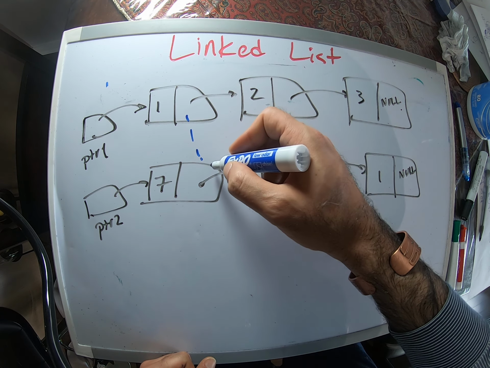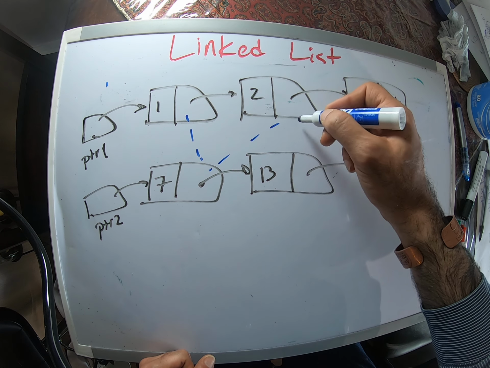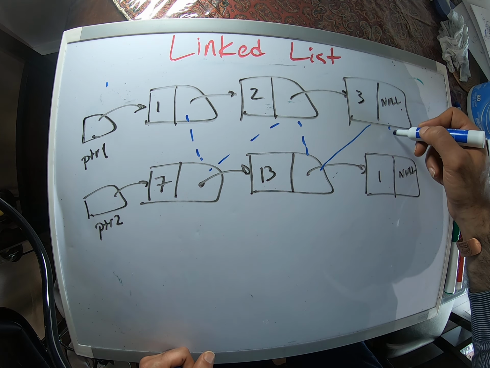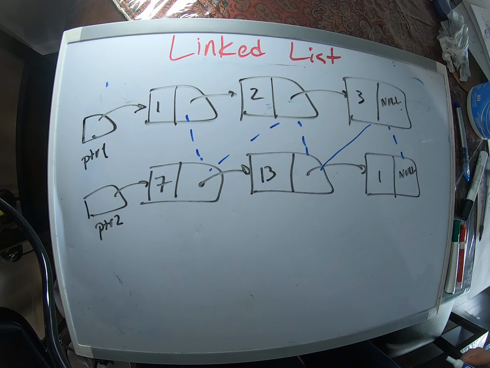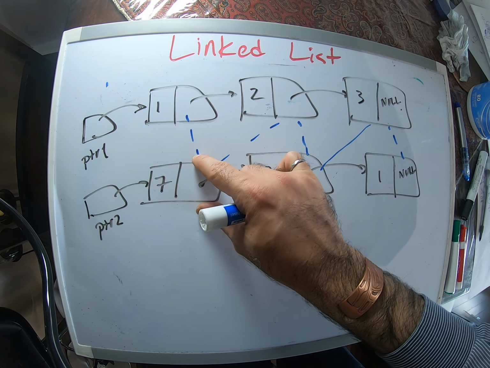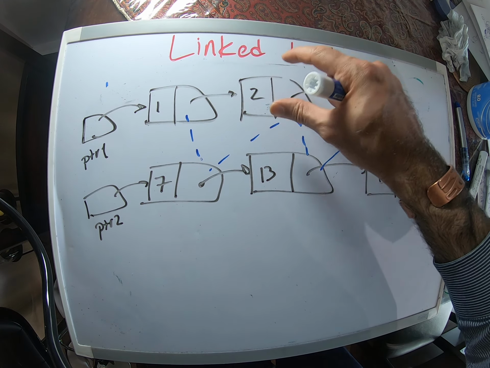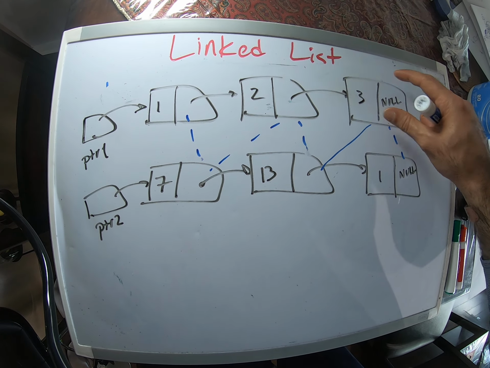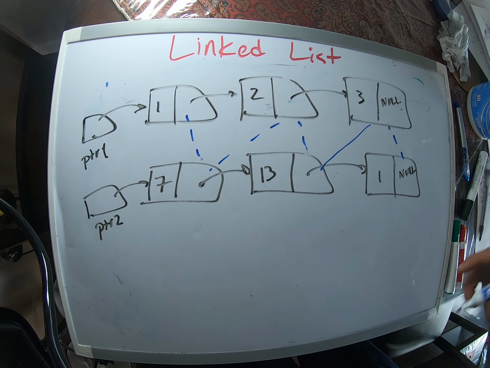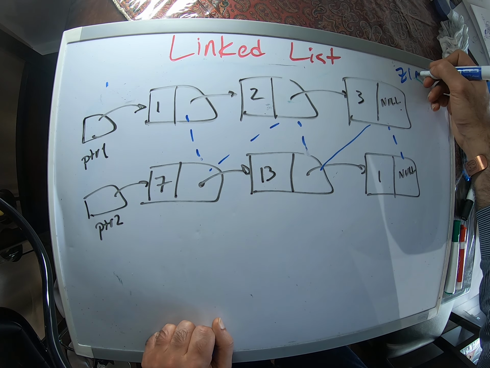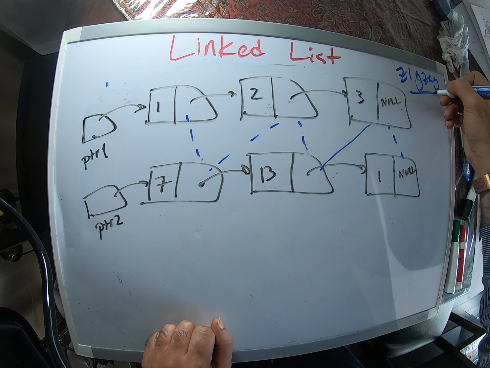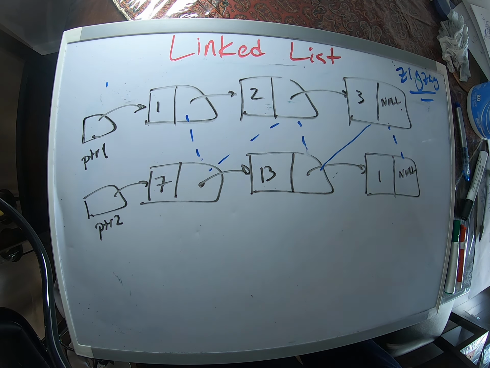We want to do zigzag. Right? We want this node to point here, then this node point here, this node here, here, and here. So some sort of zigzagging between two linked lists. That's a little bit challenging, okay?